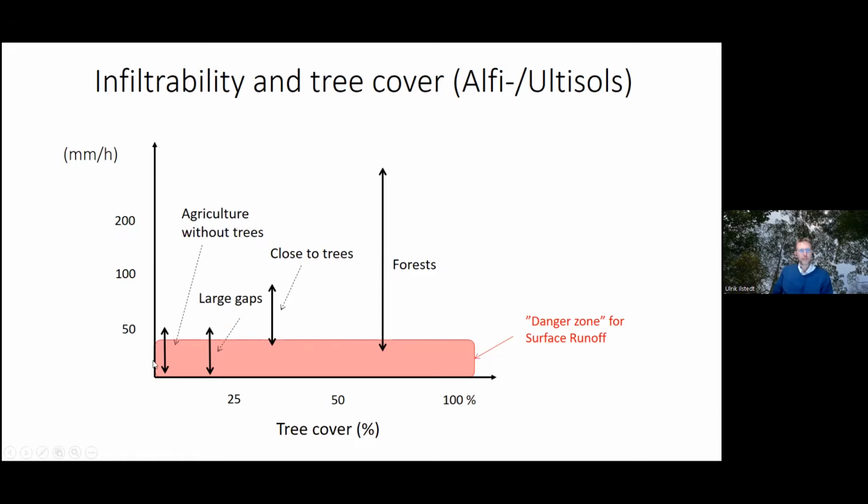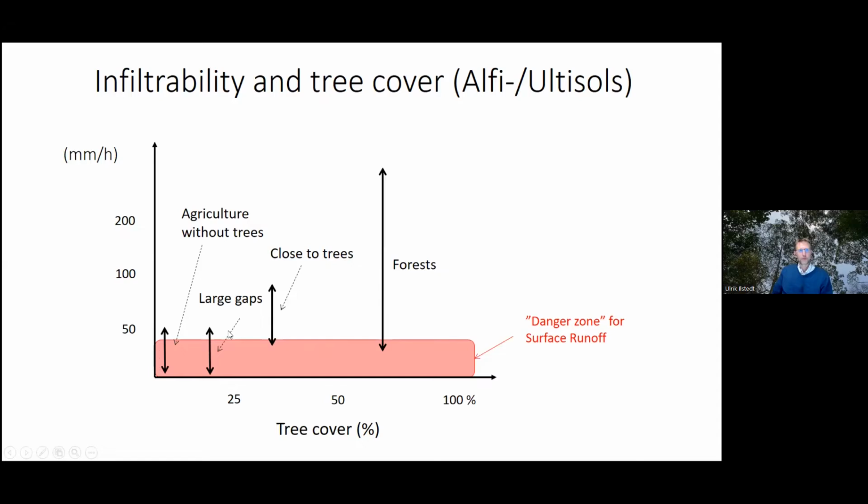And in between the tree-less areas and the forest, we have areas with more or less trees, and we have areas with larger gaps and smaller gaps.